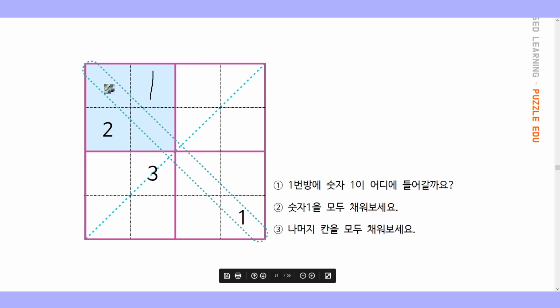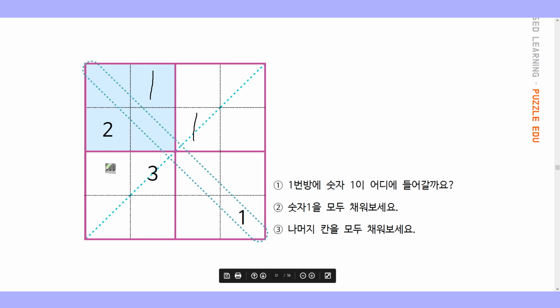We know that there is a number 1 in the first row. Where would the number 1 be in the second row? It can't be over here because the number 1 already exists in that column. And it can't go here because the number 1 already exists in that column as well. Therefore, the number 1 must go in this cell.